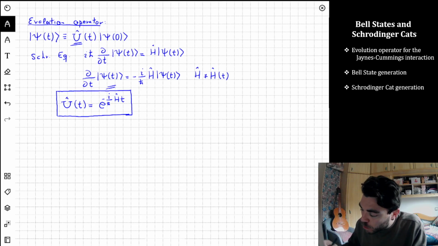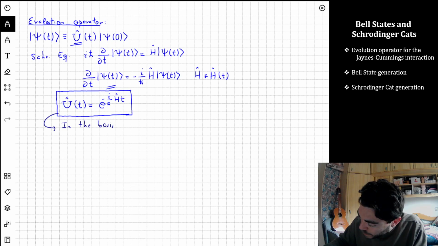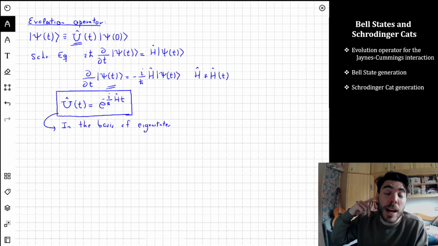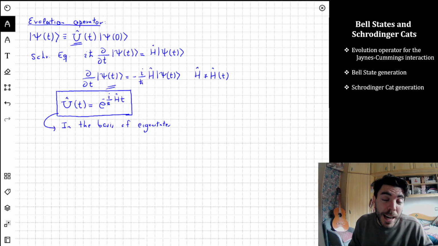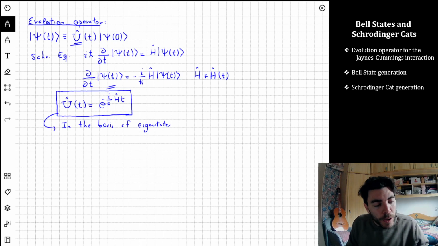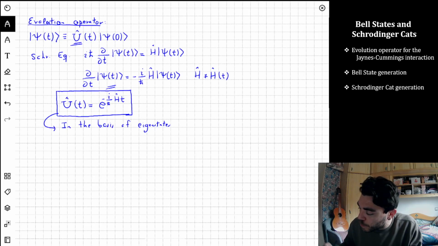Okay, but now what I want is, let's calculate this evolution operator in the basis of eigenstates of the Hamiltonian. This has a simple form, and since in the last video we already calculated the eigenstates of the Jaynes-Cummings Hamiltonian, we can then compute the evolution operator that the Jaynes-Cummings Hamiltonian will produce using these eigenstates, called the dressed states that we saw in the last video.